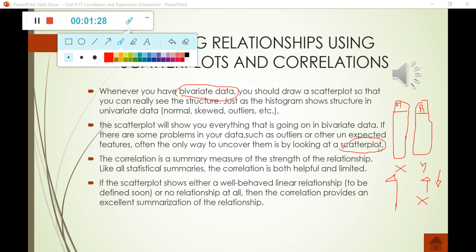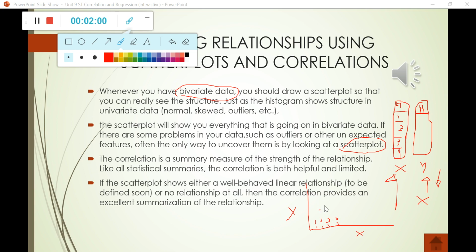In the scatter plot, we have the x-axis and then the y-axis. In the x-axis we have a measurement, and we put all the values there. Let's say, for example, 1, 2, 3, and 4.